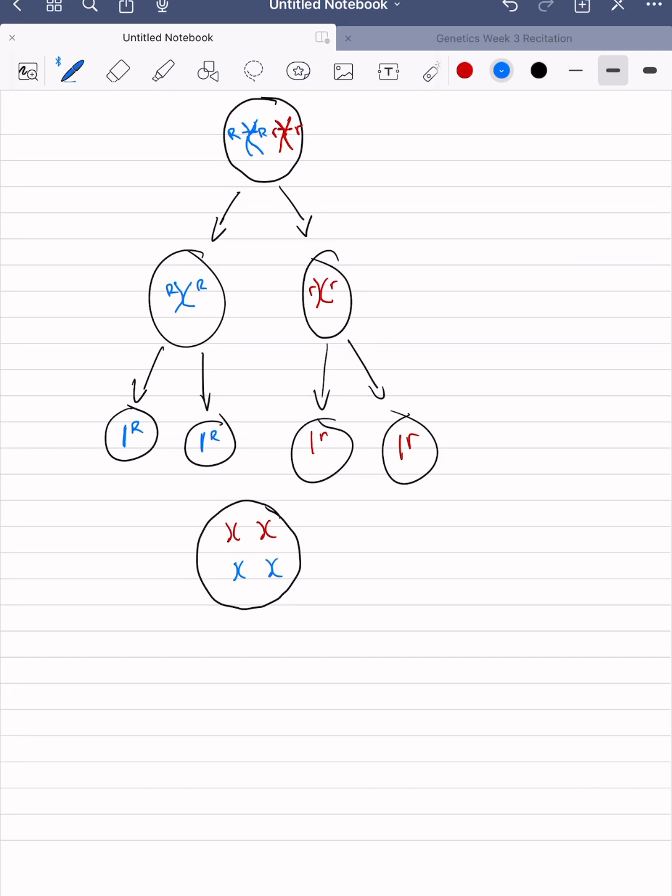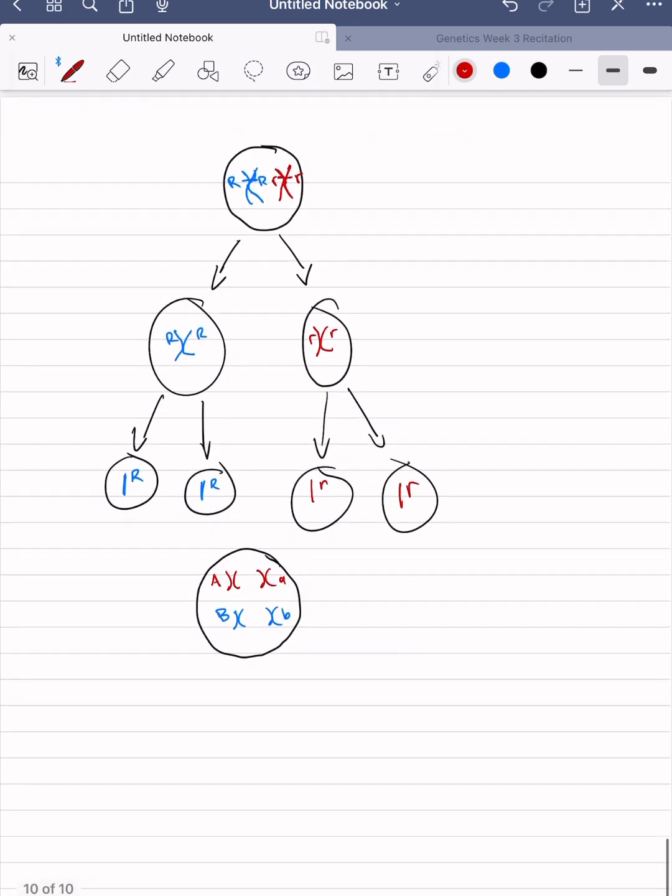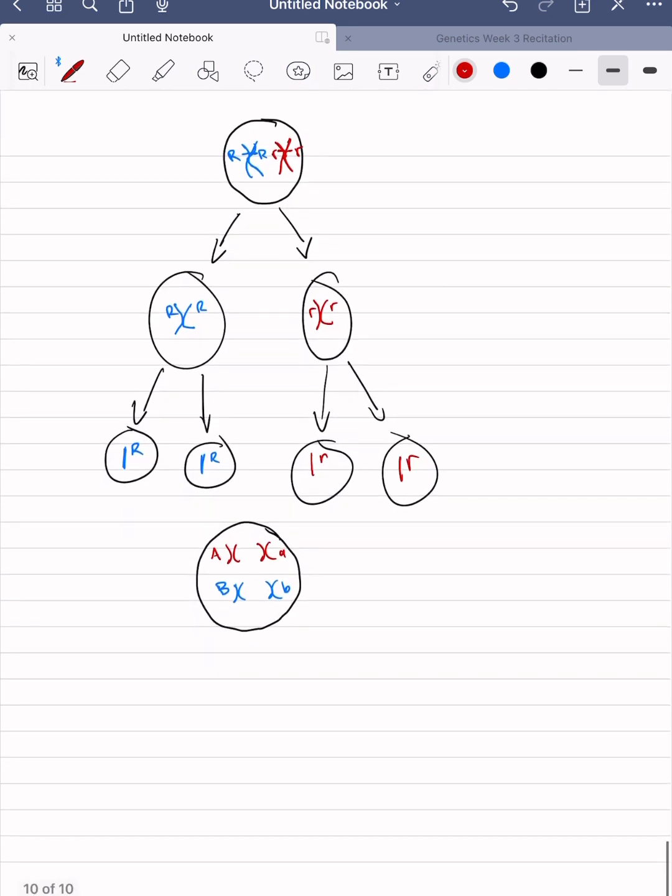And this right here codes for, let's say, gene B. This one codes for a big B, this codes for a little b. This right here codes for gene A, you have a big A, and here you have a little a. Now, if you were asked a question that says, give me the probability, what's the probability of having a cell that contains both big A, little b.